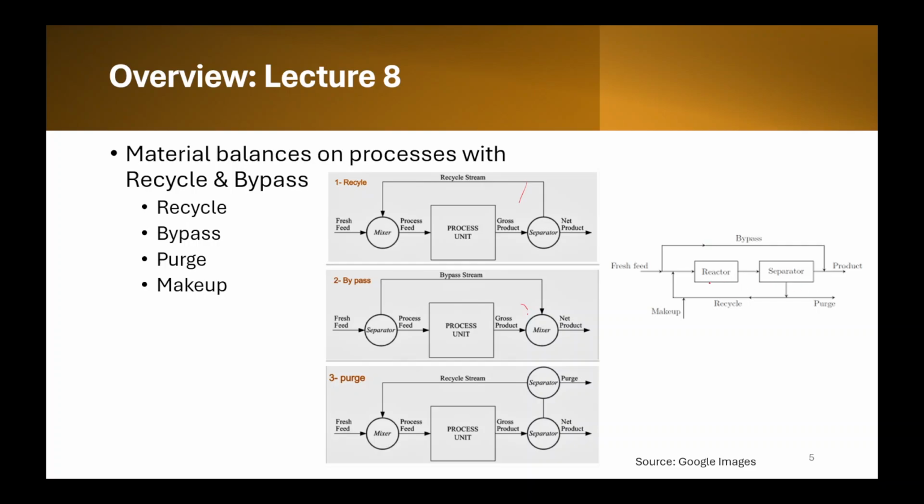Then it goes through the reactor and then the separator. From the separator, one of the streams, which has the pure reactant to most of the degree, is recycled back and added to the fresh feed. Some makeup can also be added there to maintain the flow rate, and to remove the inerts, this is the purge stream, and then we get the net product here.